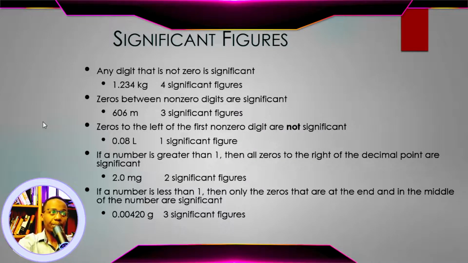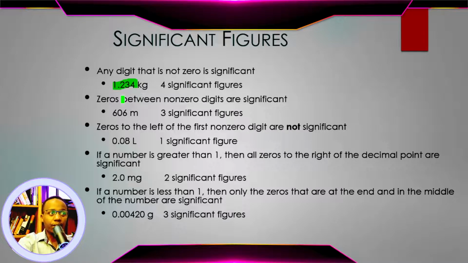What are the rules? First of all, any digit that's not 0 is significant. So here you have 4 significant figures because it's 1, 2, 3, 4. There's no 0. That's the first rule. The second rule deals with zeros.